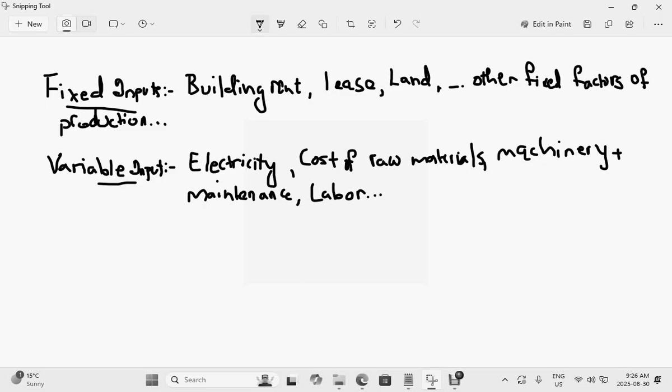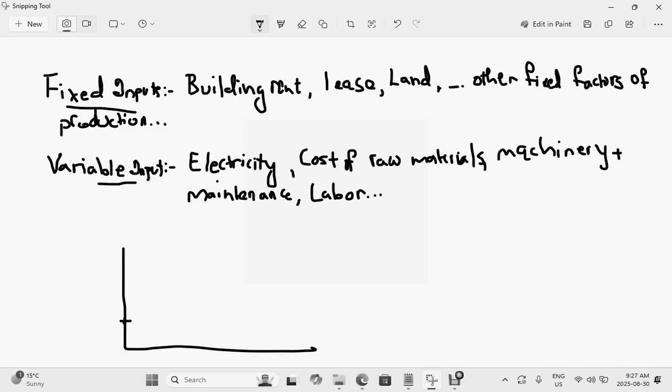So again, we're talking about fixed and variable inputs of production. As I said earlier, let's say your fixed input of production is your building rent, the rent that you pay for your building, your office, your warehouse, and so forth.